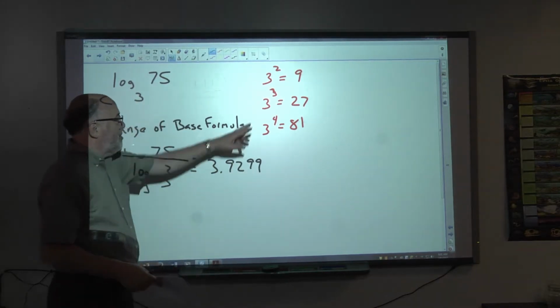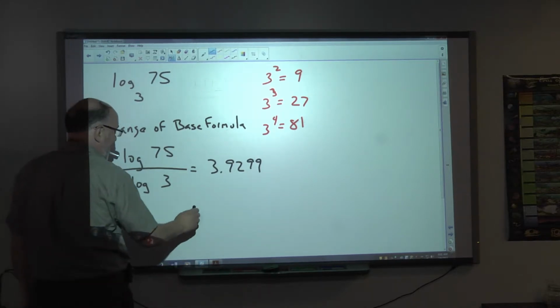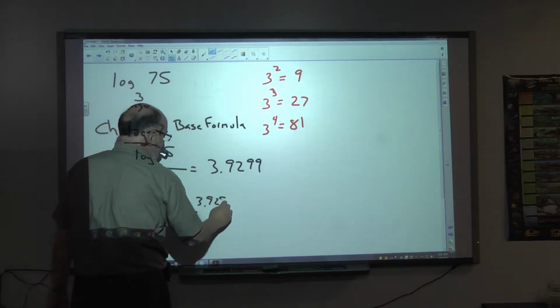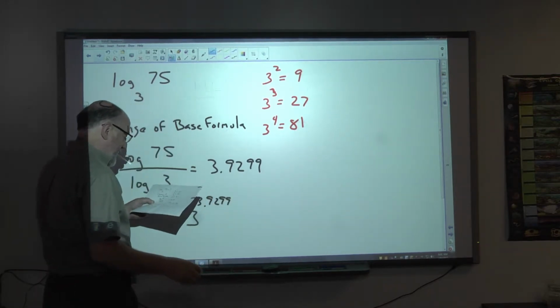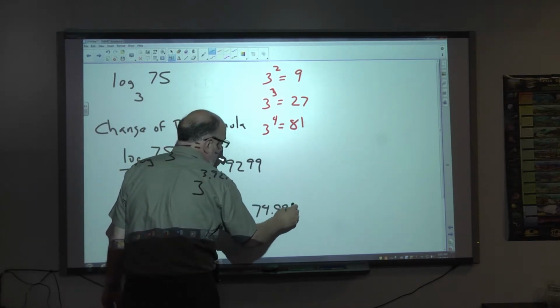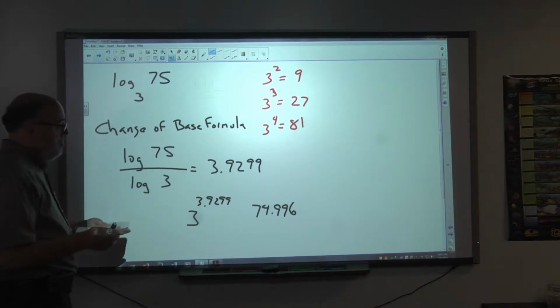That's what he said, it has to be between 3 and 4. If you then did this on the calculator, 3 raised to the 3.9299, you would end up with 74.996 and so on. So we get fairly close to what we wanted.